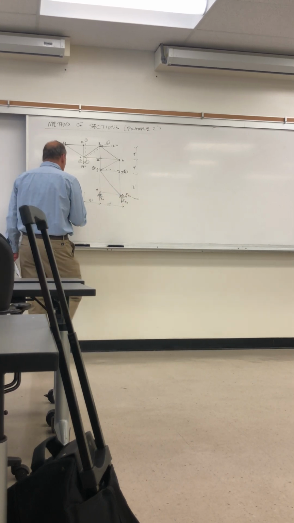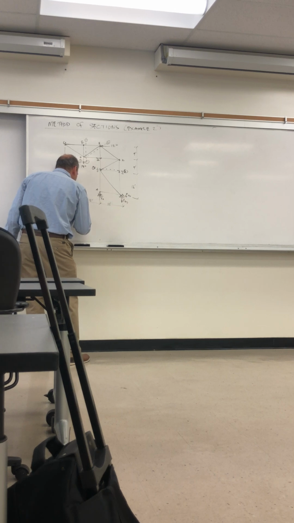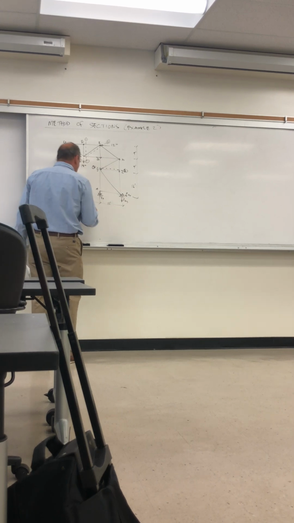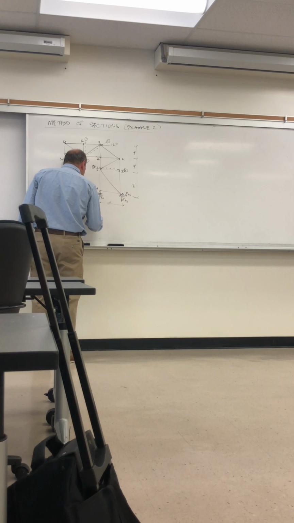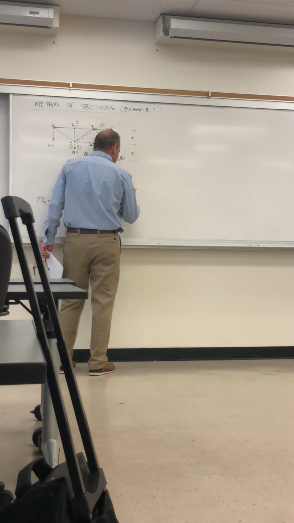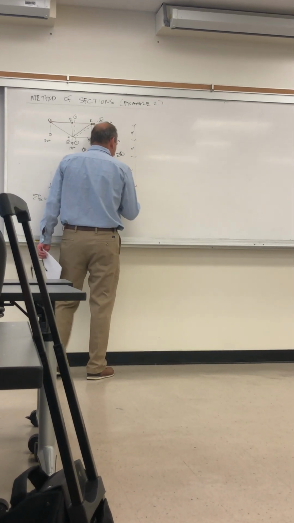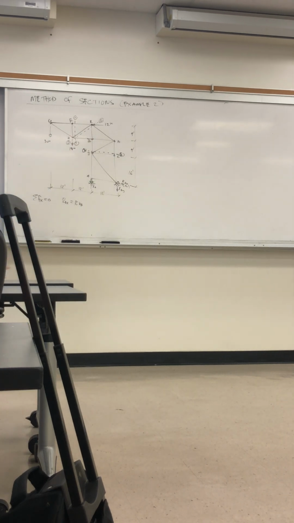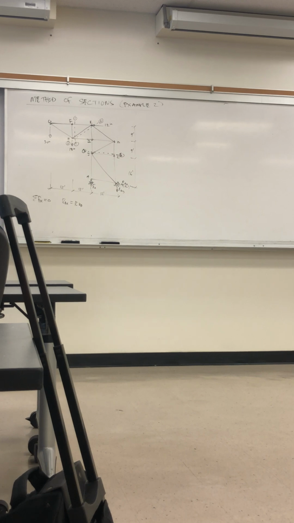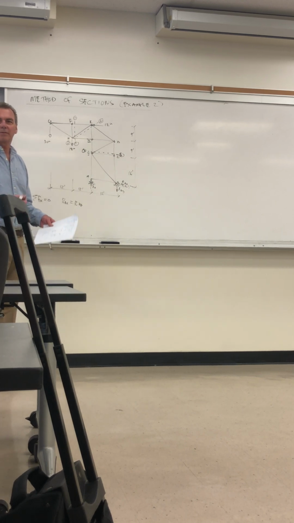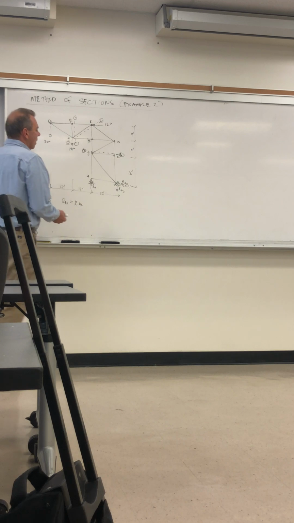So I have R sub Dx is 12 kips. You look at it and see, oh, that's what's preventing the structure from just sliding to the left. There are different types of possible movements if there weren't reactions.